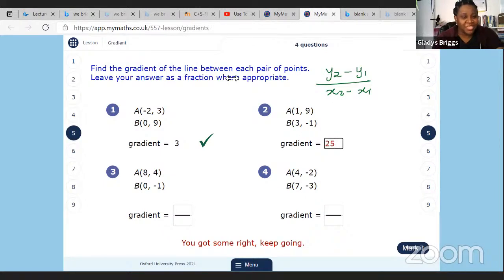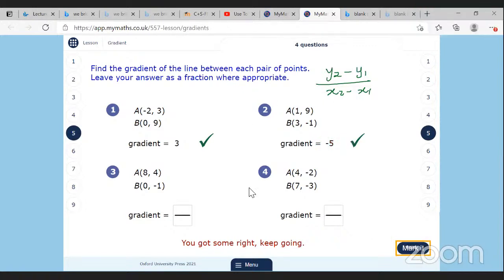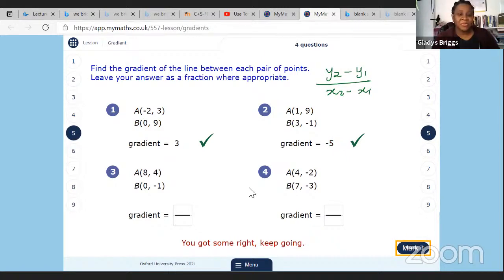Oh, -5. Is it -5 or 5? -5. Well done, Abdullah.